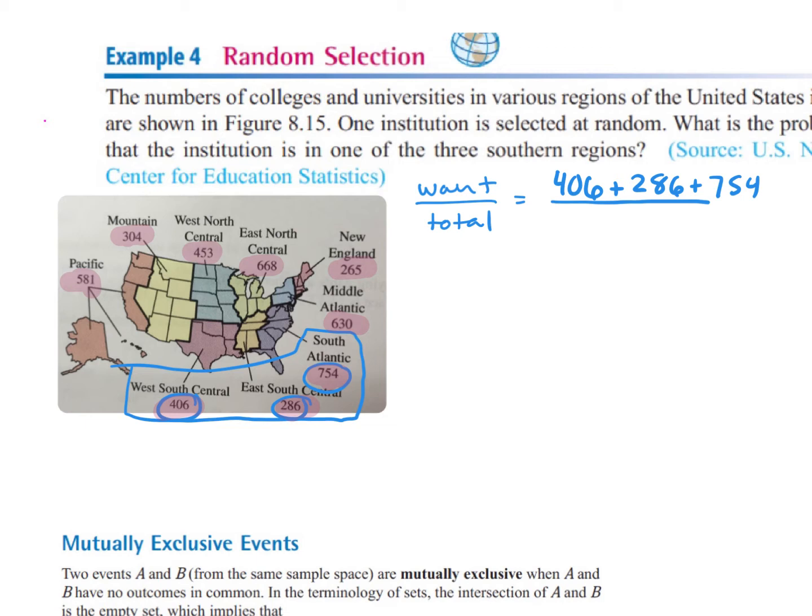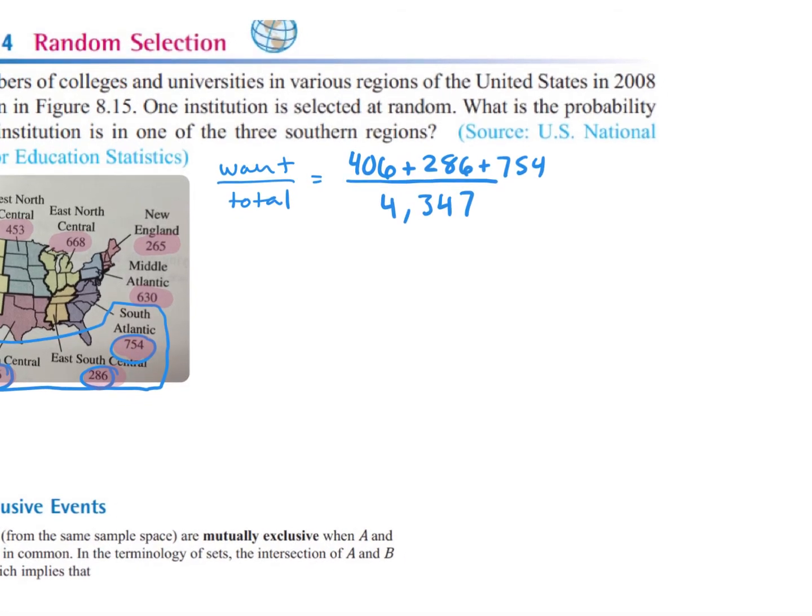I got 4,347. Did anybody else add them together? Yeah, I got the same. Okay, perfect. And then we need to add the top, so 406 plus 286 plus 754 gives us 1,446 on top.